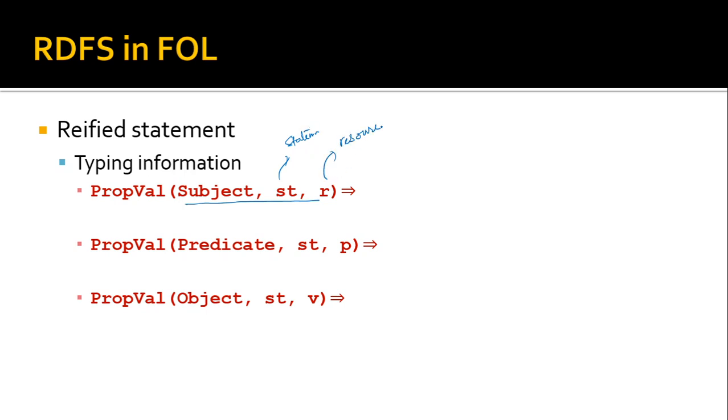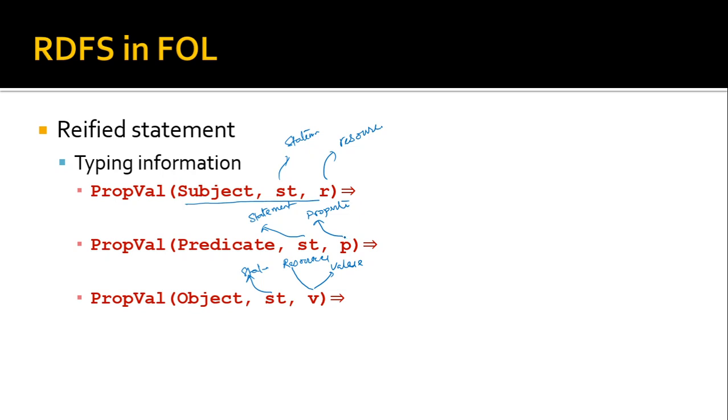Resource, right? And here what you can say, ST is of type statement, and P is of type property. ST again is of type statement, and V is of type, you can say it can be a resource or it can be a value also, right?